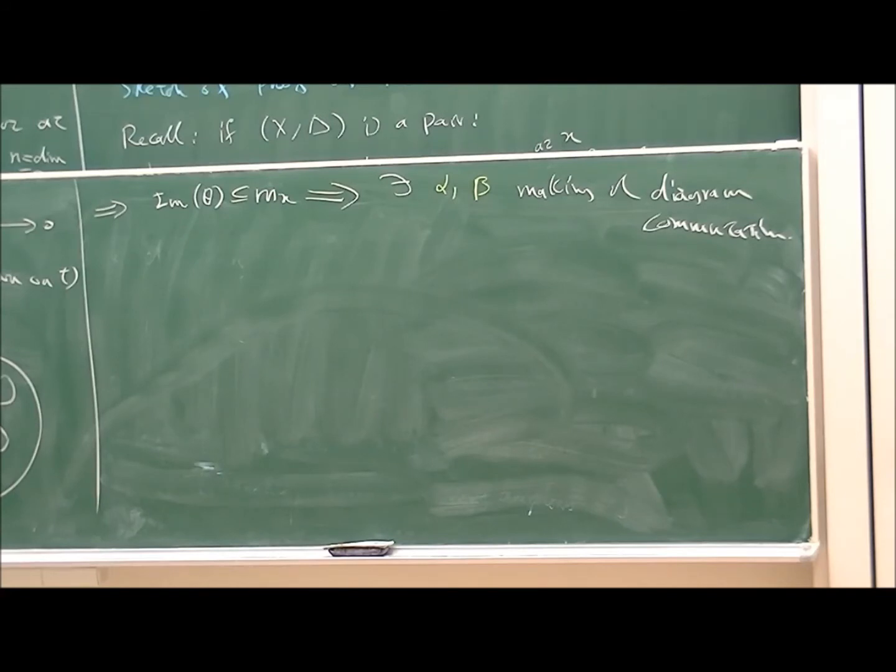Now, by assumption and by construction, this map here is surjective, so I'll write it in this form, and by definition of this kind of short exact sequence, this is also surjective. So you have a surjective map followed by another surjective map. This implies that the beta here should be surjective.